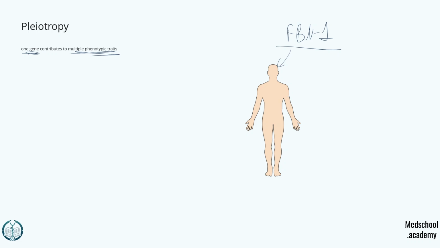For example, you're going to see it on the skeletal system. It's going to have an effect on the cardiovascular system, the ocular system, skin, lungs and whatnot. All these phenotypic traits are coming from a single mutated gene, and that's the FBN1 gene.